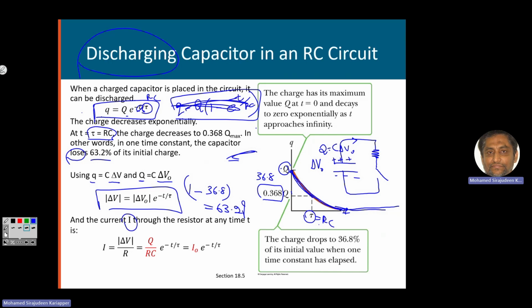The current is delta V over R, we'll substitute those from there. Then finally, we get this expression for the current at any time t like this. See, in all three cases, it is exponential decay. While discharging, charge decreases exponentially, potential difference decreases exponentially, and the current will also decrease exponentially.